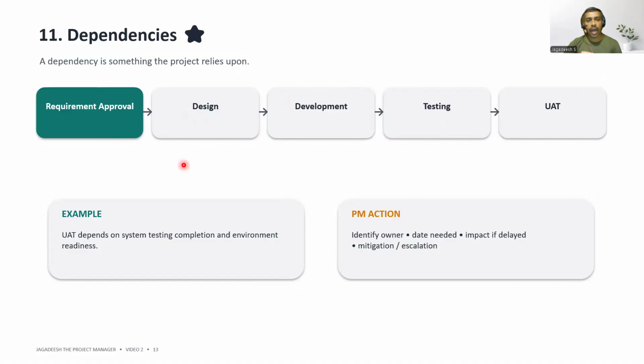As a project manager, I want to identify the dependency early, confirm who owns it, when we need it, what happens if it slips, and what mitigation or escalation is available. So that is what the example is. UAT depends on system testing completion and environment readiness. As a project manager action, we should identify owner, date needed, impact if delayed, mitigation or escalation.